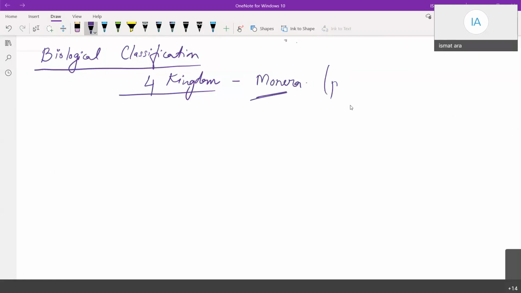In Monera they placed prokaryotic bacteria.